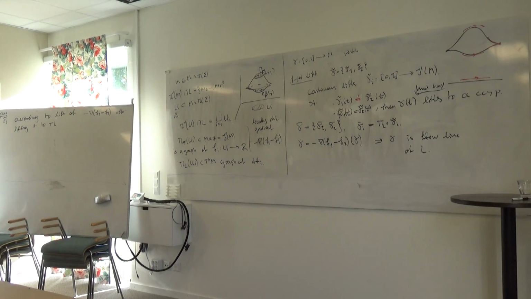We orient the first one according to the negative gradient lift of this thing, and then we orient the other one opposite.